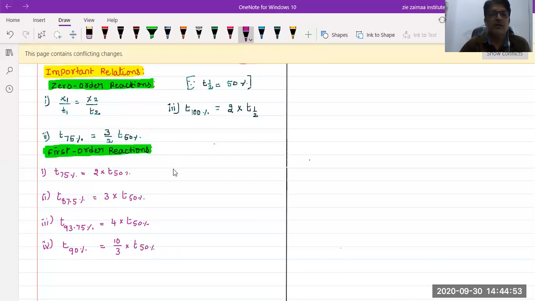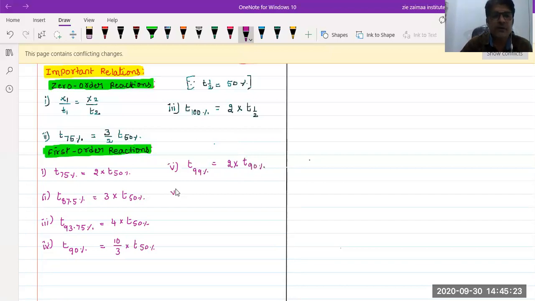Next, fifth one. If 99% of T value is taken, then we write 2 into T 90%.